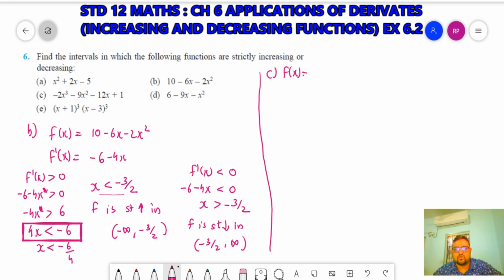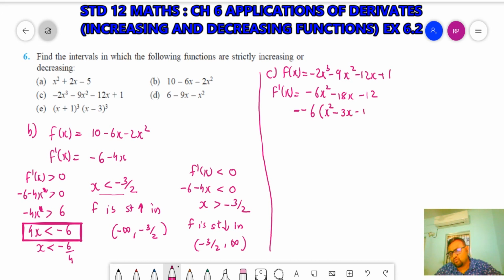f x is equal to minus 2x cubed minus 9x square minus 12x plus 4. f dash x is minus 6x square minus 18x minus 12. Okay, so I can take minus 6 common. So it will be x square minus 3x minus 1.